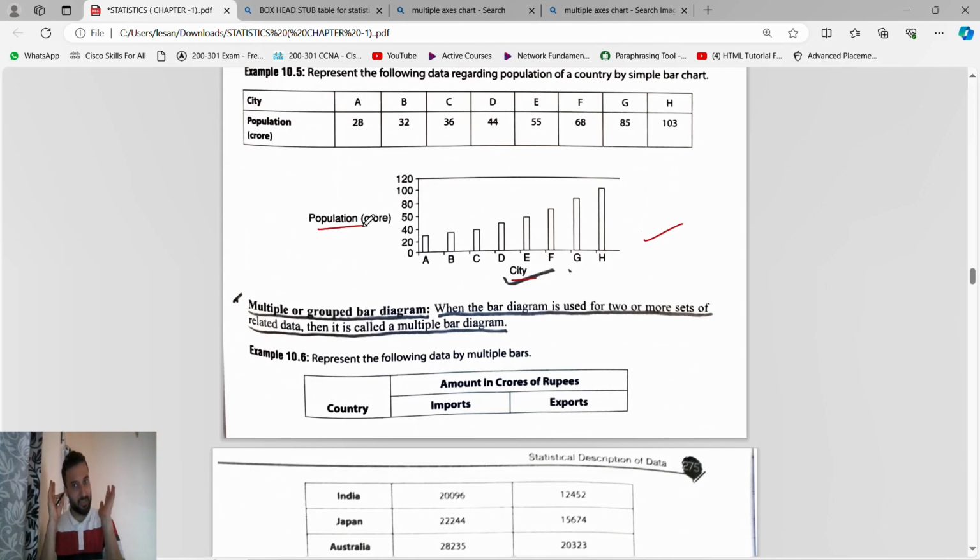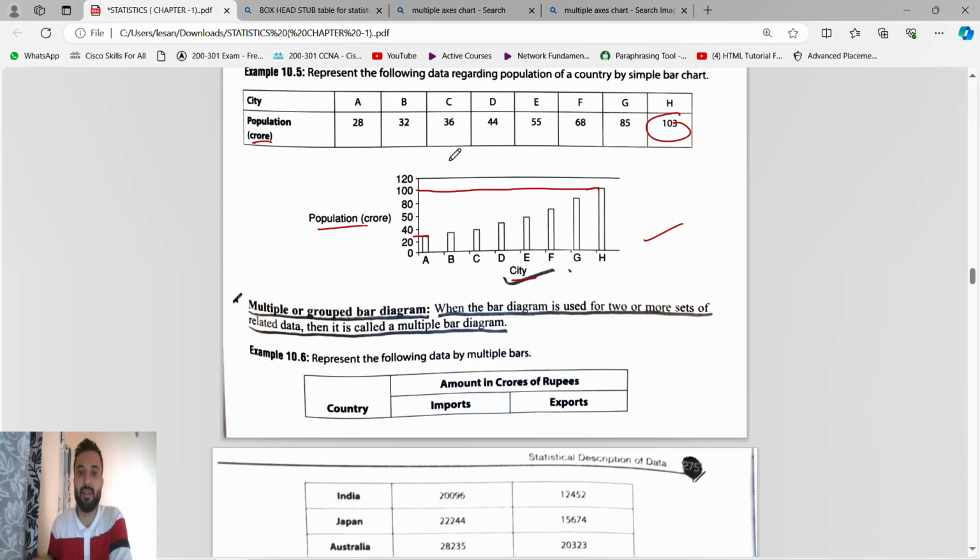Collection and presentation of data is done. Now we'll come to analysis. I will ask you which city has the highest population. You will say, sir, city H. How much? 100 crore, like this. H is 103. Which city has the lowest population? Sir, city A.